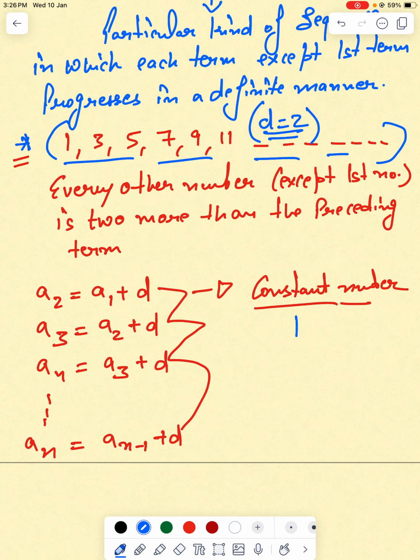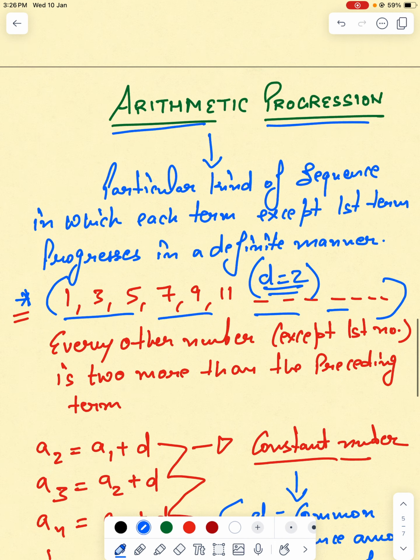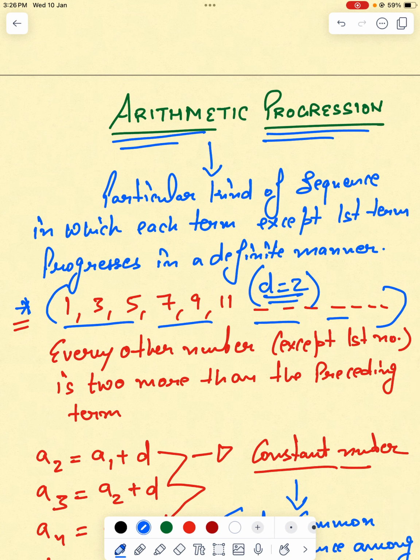Okay, so constant number, or you can say D, is your common difference among the terms of the AP. AP is your arithmetic progression. So I hope everybody has understood the concept of the AP, which is a particular kind of sequence, right?